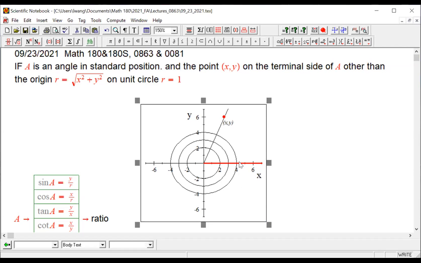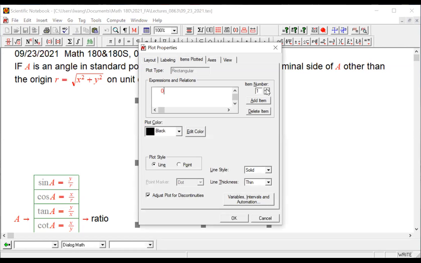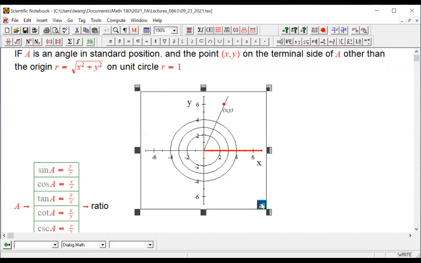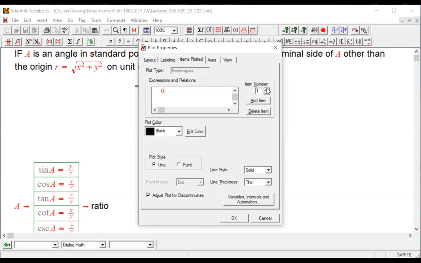I'm going to remove all of these other accessories. So I'm going to delete. Wait, I might have deleted too many. Okay, so I'm going to delete some stuff.